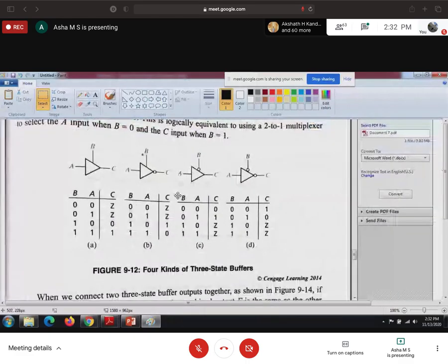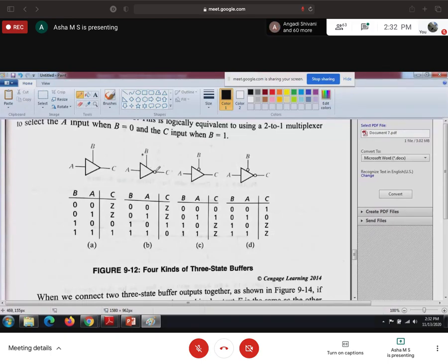So see in this example, we have four different buffer structures. In total we have four kinds of three-state buffer. You can see the first one acts like what I explained just now. In the second buffer, the output is inverted.